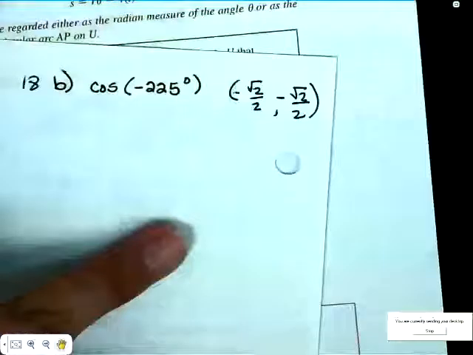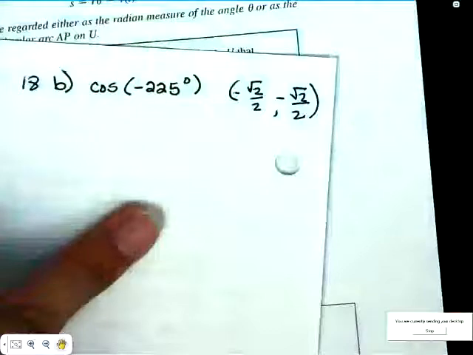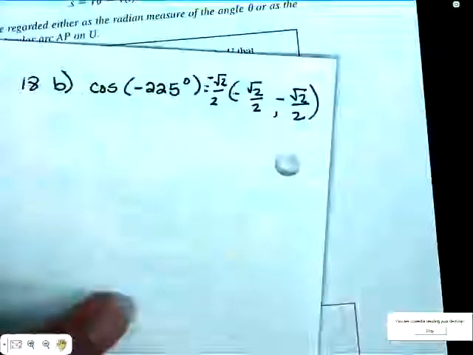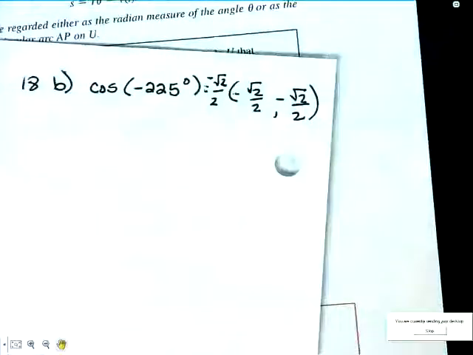So what does cosine of negative 225 degrees equal? Yeah, the X coordinate. You find the angle, then find the ordered pair, and then extract what you need, either the X or the Y, depending on whether it's sine or cosine, or the Y over the X if it's tangent.